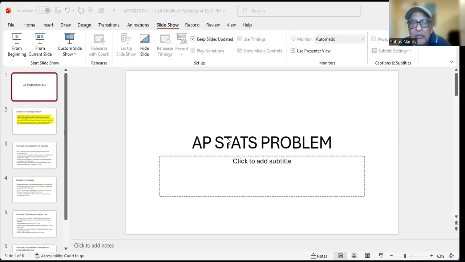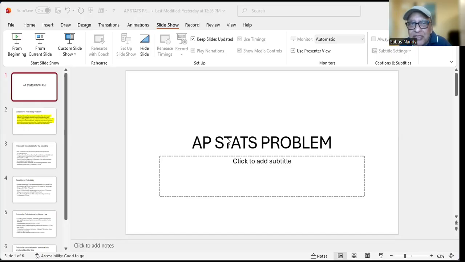Now, conditional probability is like this. Probability of event A, given event B has already happened, is equal to probability of A and B, and the whole thing is divided by probability of B. So B has happened first, then A has happened.